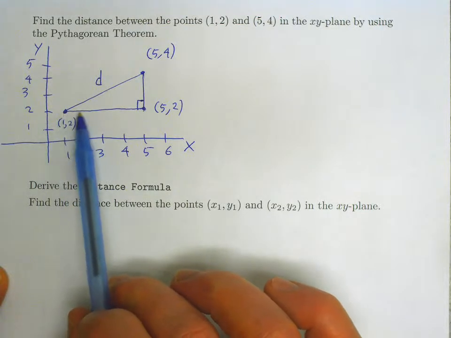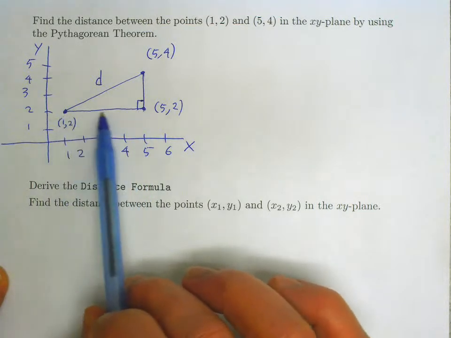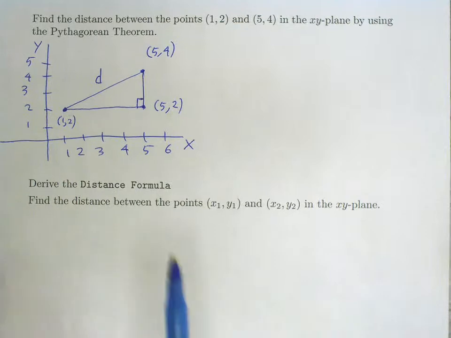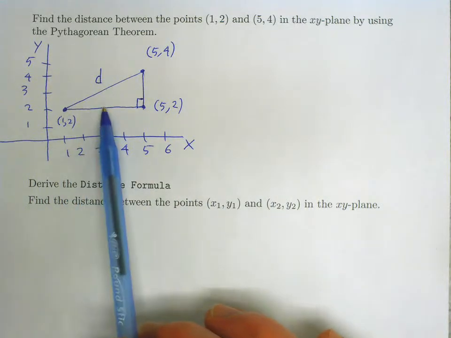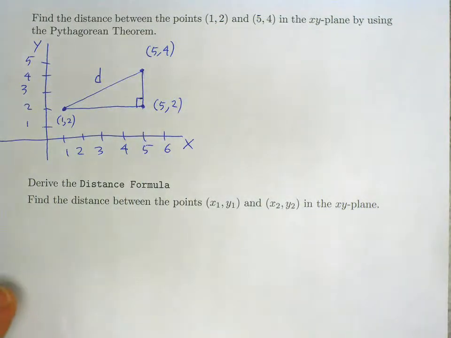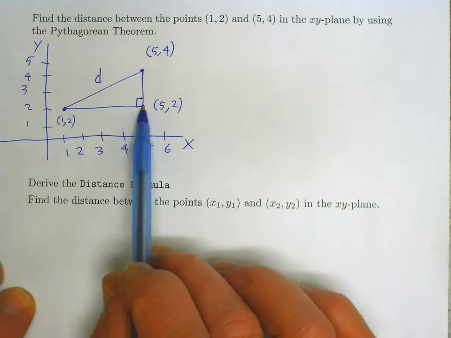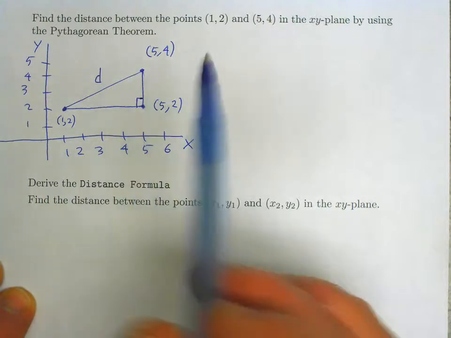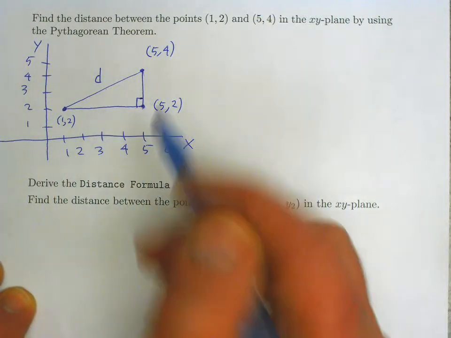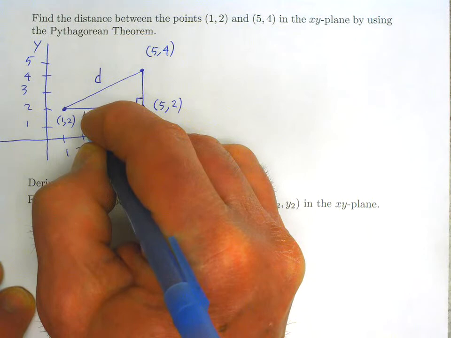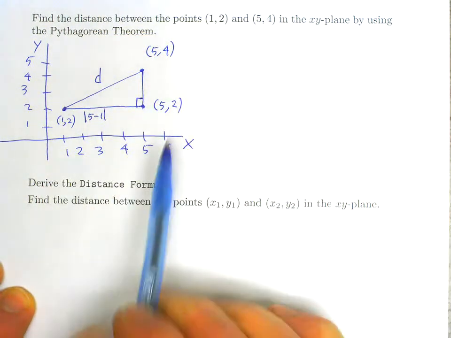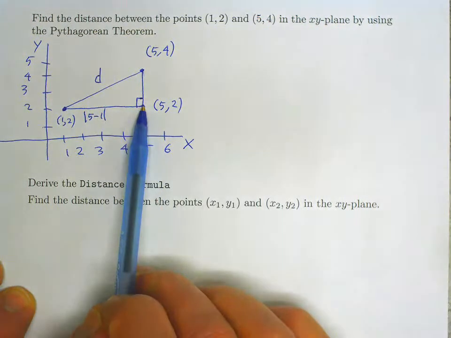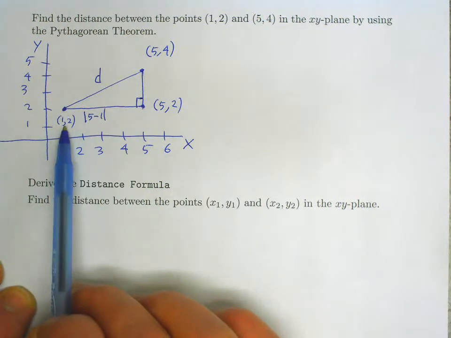Okay, so the length of this horizontal side of the right triangle, you can tell just by counting the units. It's just 1, 2, 3, 4. But I want you to get into the habit of thinking of this as the absolute value of the difference of the x coordinates. So the x coordinate of this point is 5, the x coordinate of that one is 1.